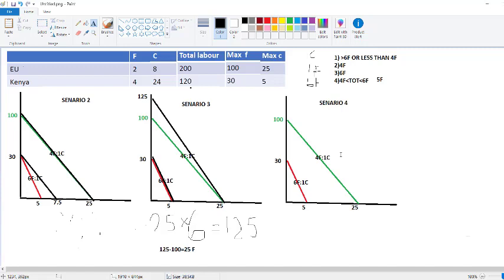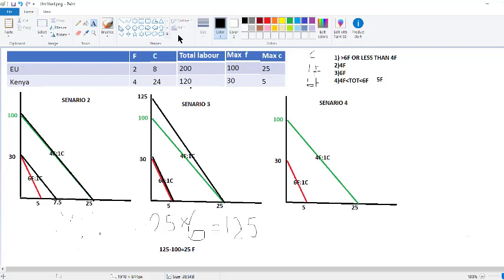That means production is going to shift for Kenya towards food because of the increase in profitability and price of food. Why? Because you can produce it at a cheaper rate and sell it for more in the world pricing.